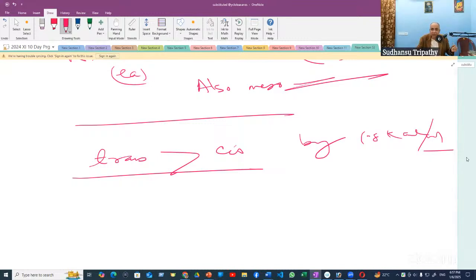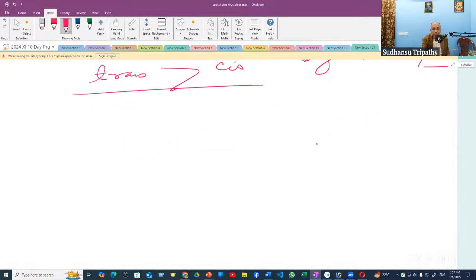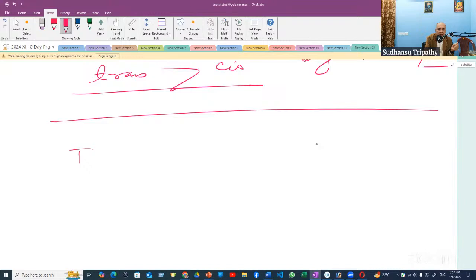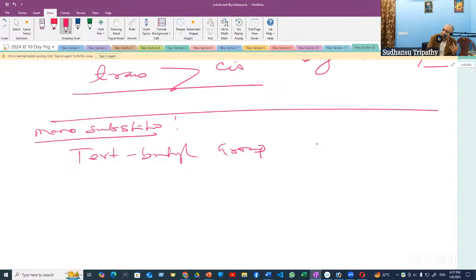But sometimes, when we study mechanism, tertiary butyl group in monosubstituted cyclohexane, if you have a tertiary butyl group, it will not go to axial.